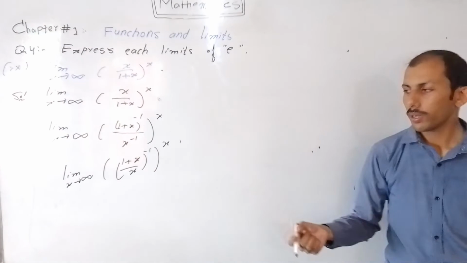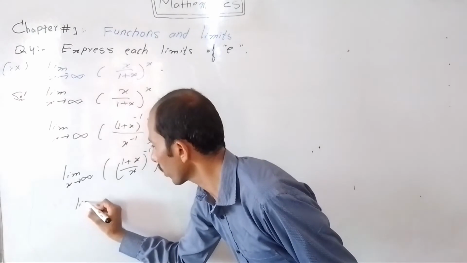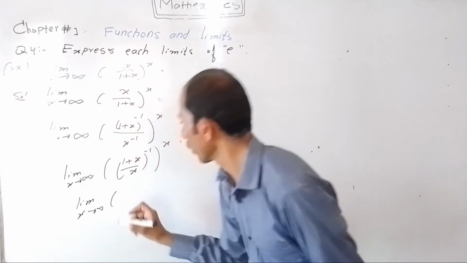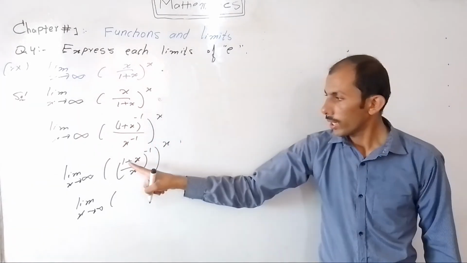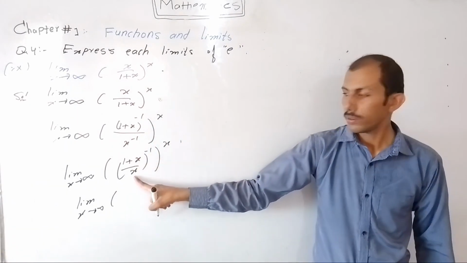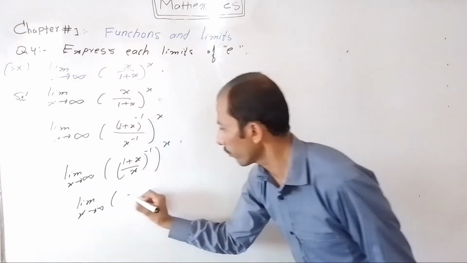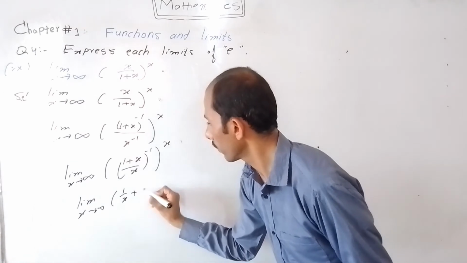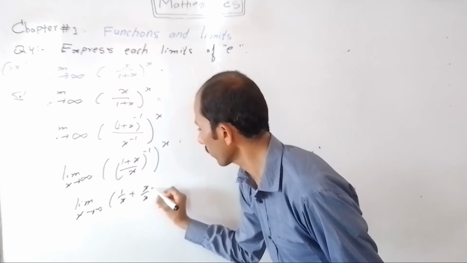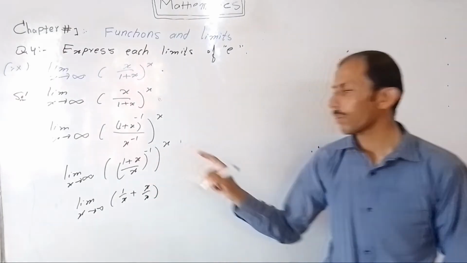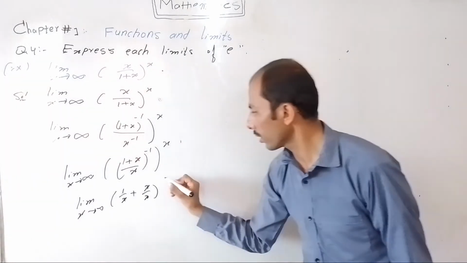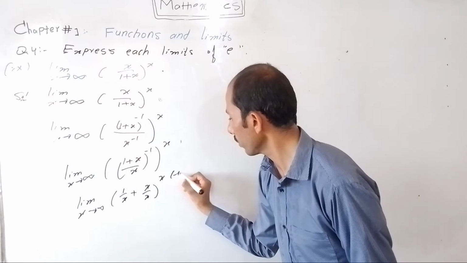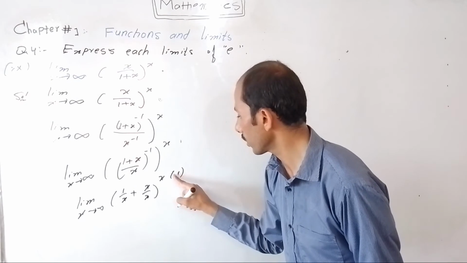Next, limit x approaches infinity of (1 over x plus x divide x) whole power minus 1 multiply x, minus x into minus 1, can also be written in this form.